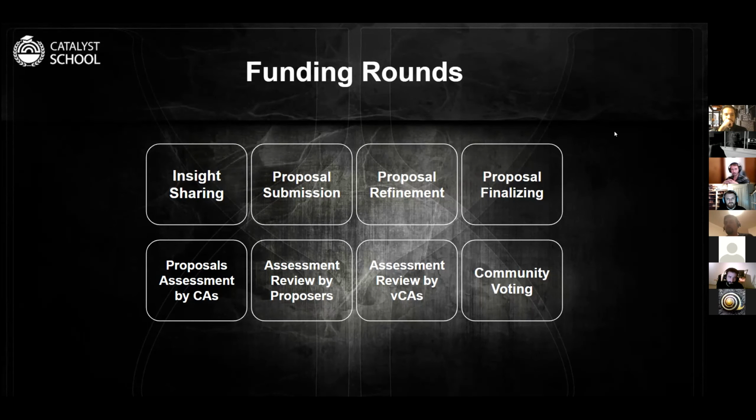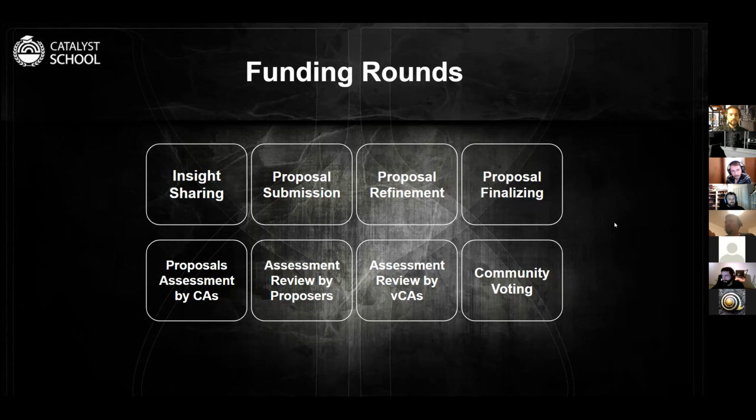Another question about the proposal finalizing, the silent week. You said that somebody is going to rework their idea, probably based on suggestions from CAs, VCAs, is that correct? The proposal life cycle is submit, refine, and then there is another week that is proposal finalizing.